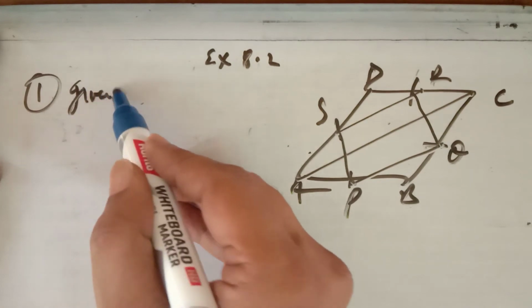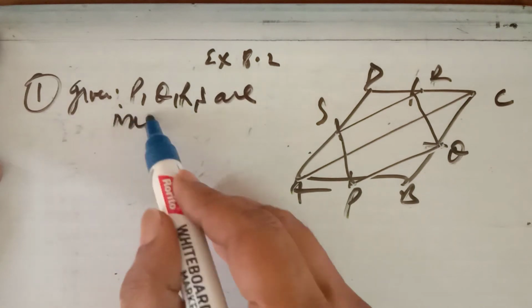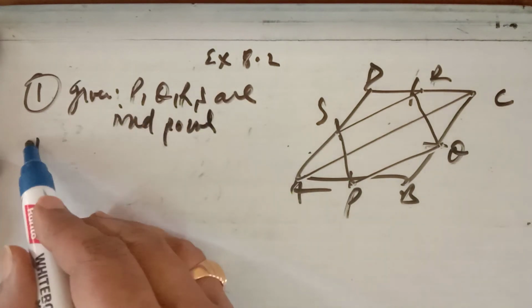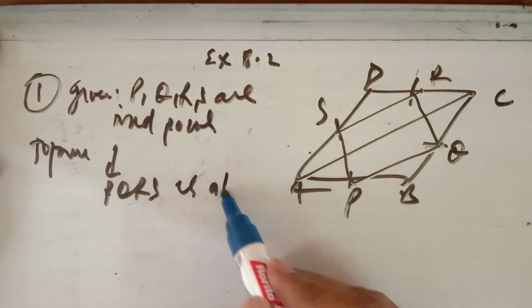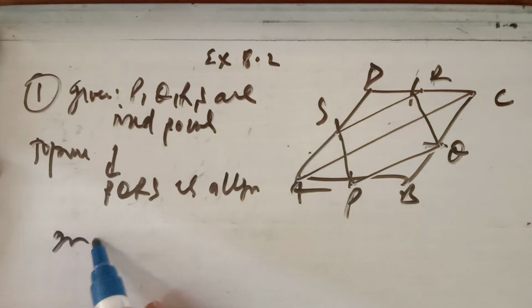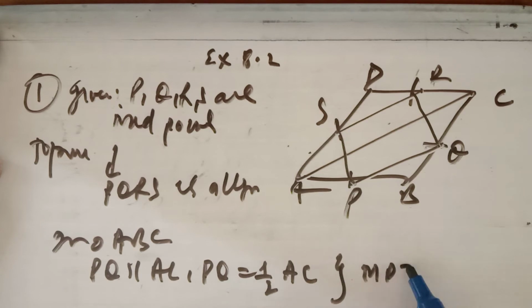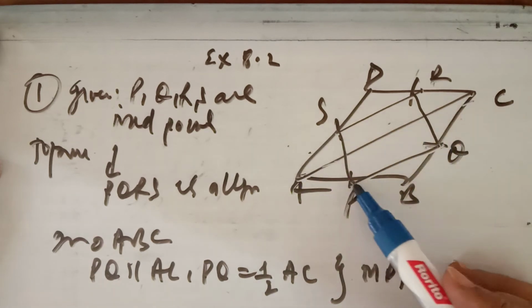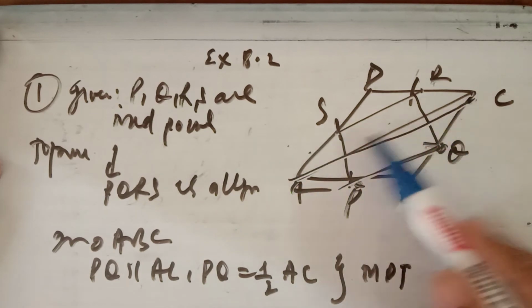So given that P, Q, R, S are midpoints, and to prove in the end that PQRS is a parallelogram. In triangle ABC, PQ is parallel to AC and PQ is equal to half of AC, by the midpoint theorem. This is triangle ABC and these are the midpoints. The line segment joining the midpoints of two sides of a triangle is half of and parallel to the third side, and the third side here is AC.